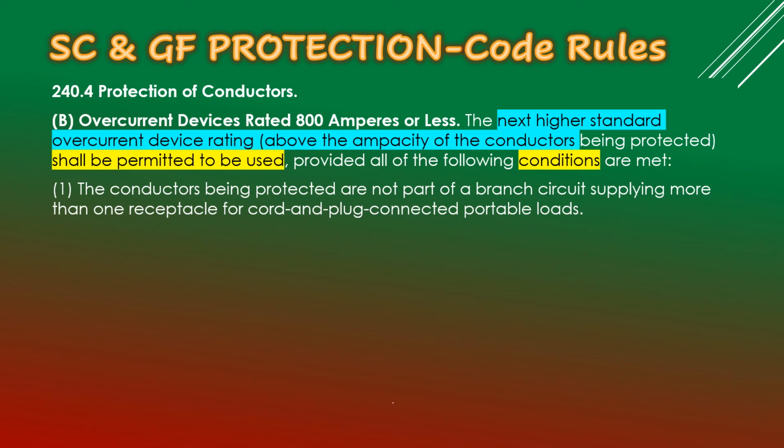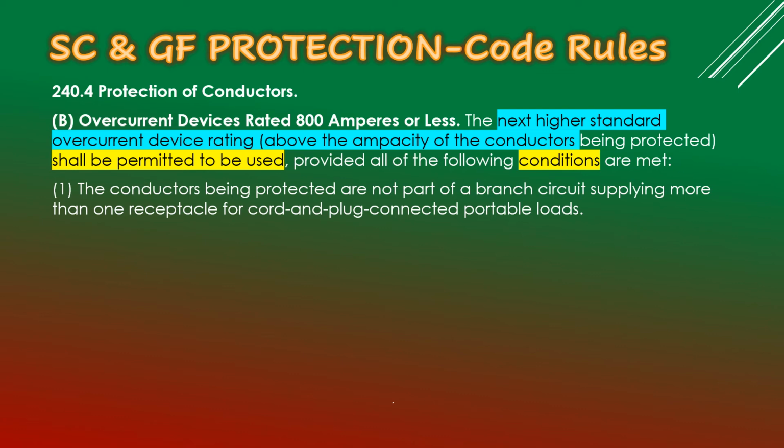Number one, conductors being protected are not part of a branch circuit supplying more than one receptacle for cord and plug connected portable loads. So this is the number one condition. It should not be part of a branch circuit with a cord and plug receptacle. Why?